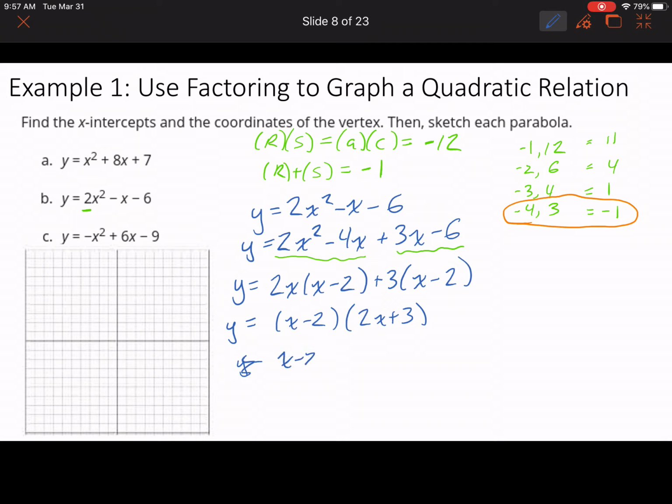So x minus 2 can equal 0, and x can equal +2, or 2x plus 3 can equal 0. 2x can equal -3, so x is -3/2. So we have +2, and we have -1.5.